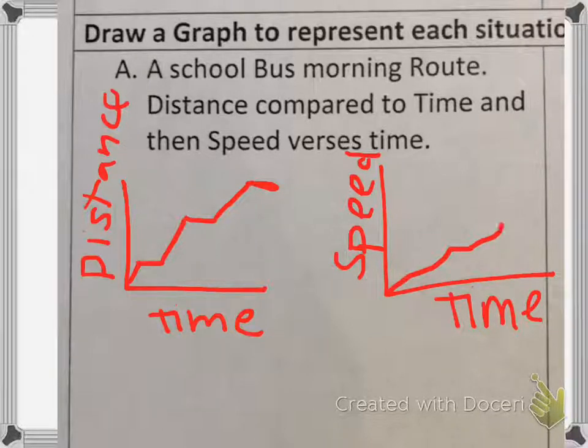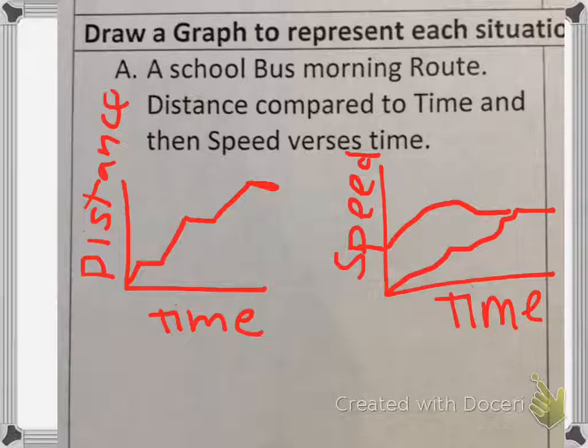Then we might get faster, faster, faster, and then stop. And maybe we should have shown some when we were stopping. So here we are accelerating. Here we are stopping. We're slowing down our speed, and then we actually stop.